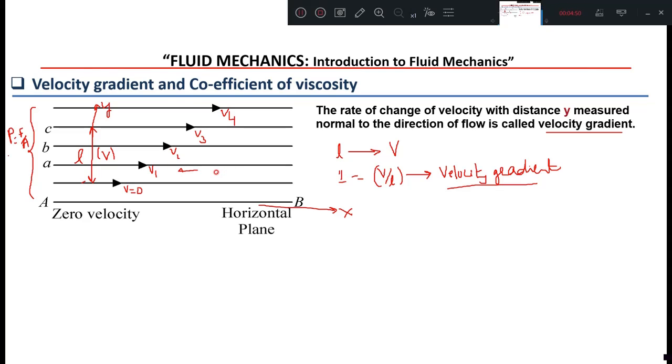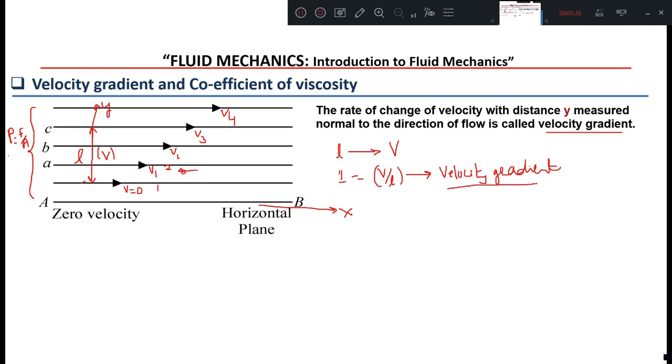When there is a relative motion between two layers, say layer 1 and layer 2, of flowing liquid, a force of reaction develops to oppose the applied force which is creating the velocity.